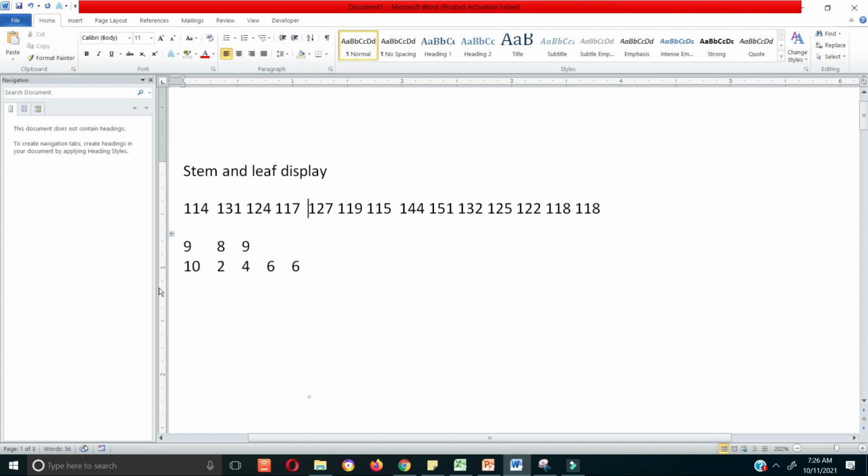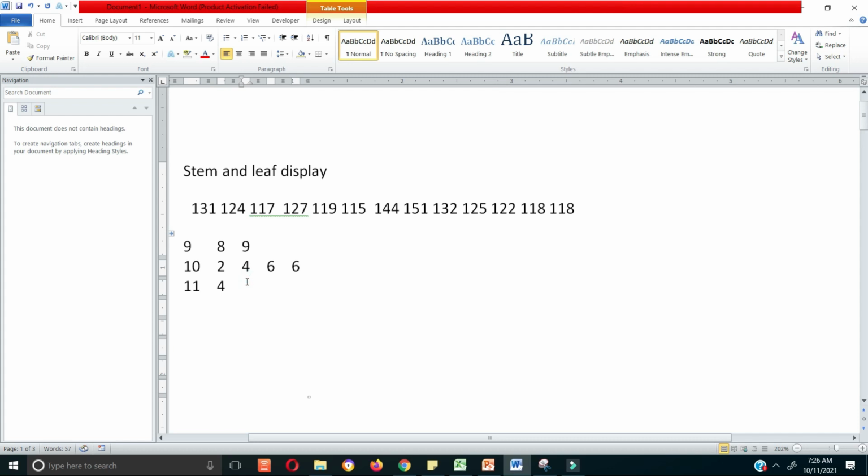So we have to go to the 110s. We have a 114 here. Let's get rid of that. We have a 115. Let's get rid of that.